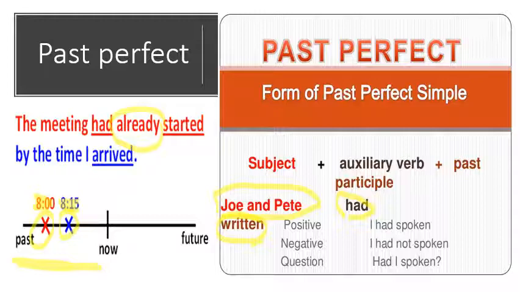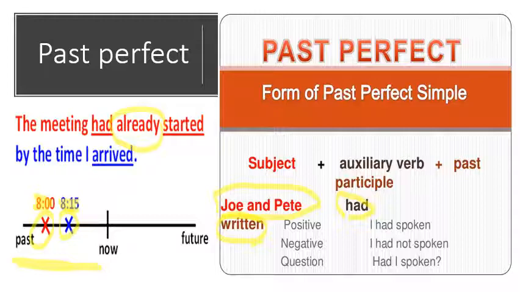Let's have a look at the meaning, or when the past perfect happens. If you look at the following example, the meeting had already started by the time I arrived. If you look at this timeline, we have the past, we have now, the present time, and we have the future.